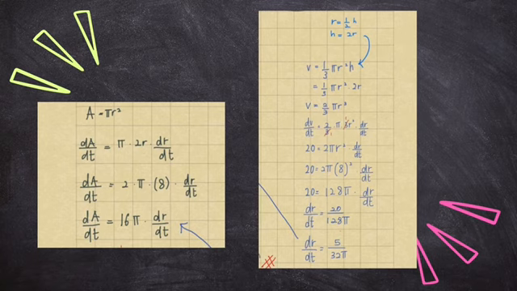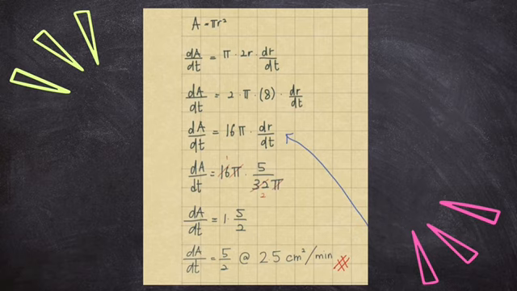Now we need to change the subject into dr/dt, and we get dr/dt equals 20 over 128π. Now we make dr/dt the subject. Calculate it, and the answer is 5/32π.